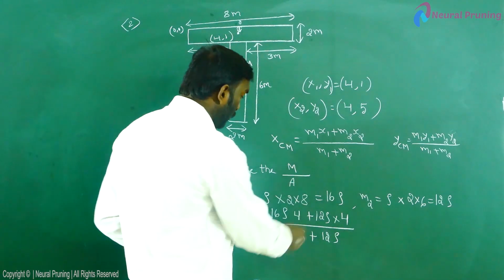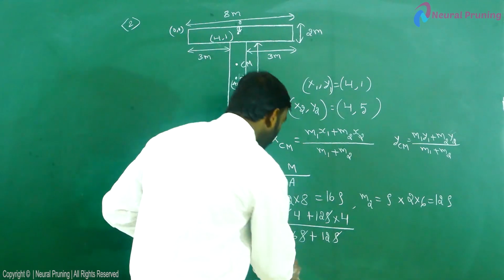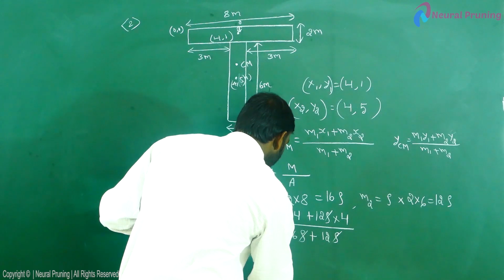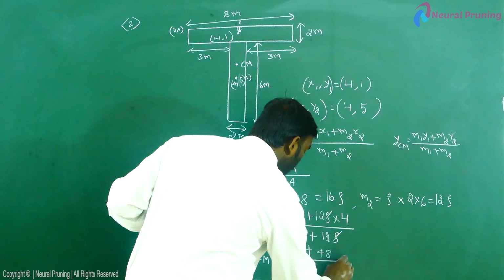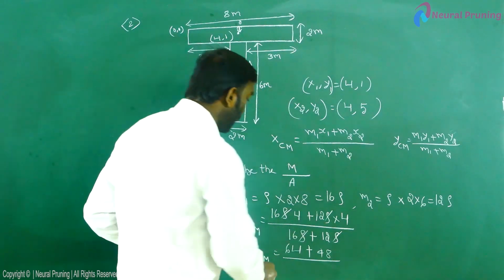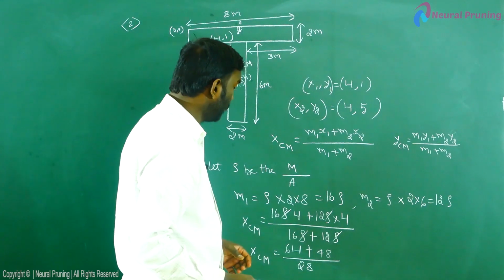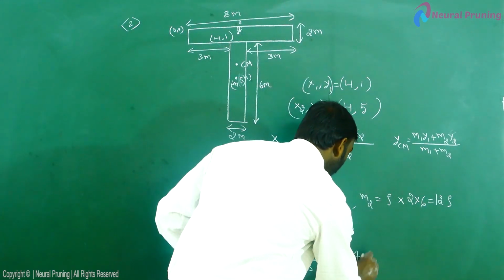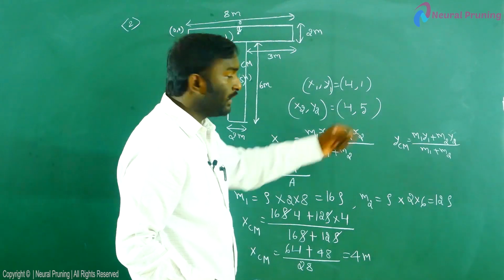Take rho common, I can just cancel rho everywhere. So XCM will be 64 plus 12 fours are 48, divided by 28. So you will get again 4 meter. Check the calculations.